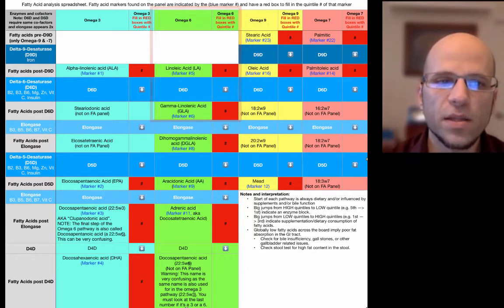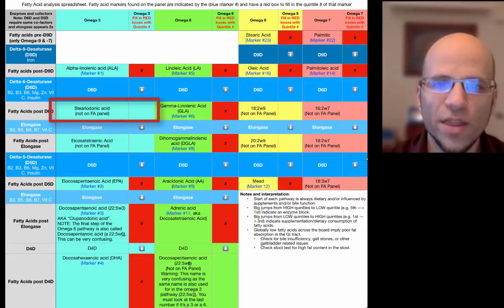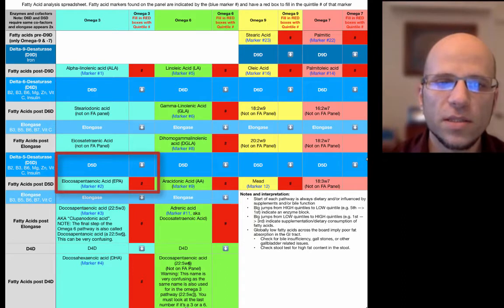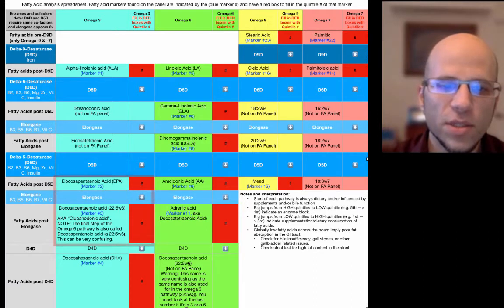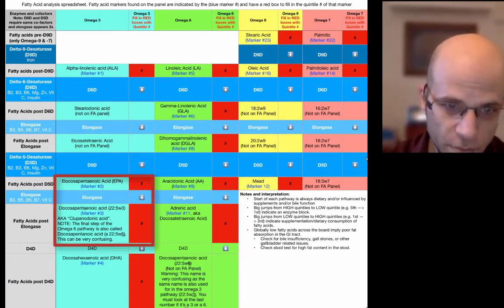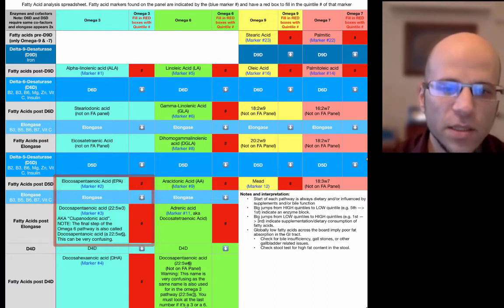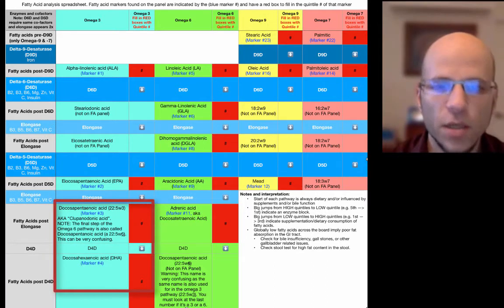But Genova doesn't report that middle step, so okay, fine. Then it jumps down to here in the omega-3 pathway. You see the transition using delta-5 desaturase into EPA, then the elongase into docosapentaenoic acid, and then finally delta-4 desaturase into DHA.